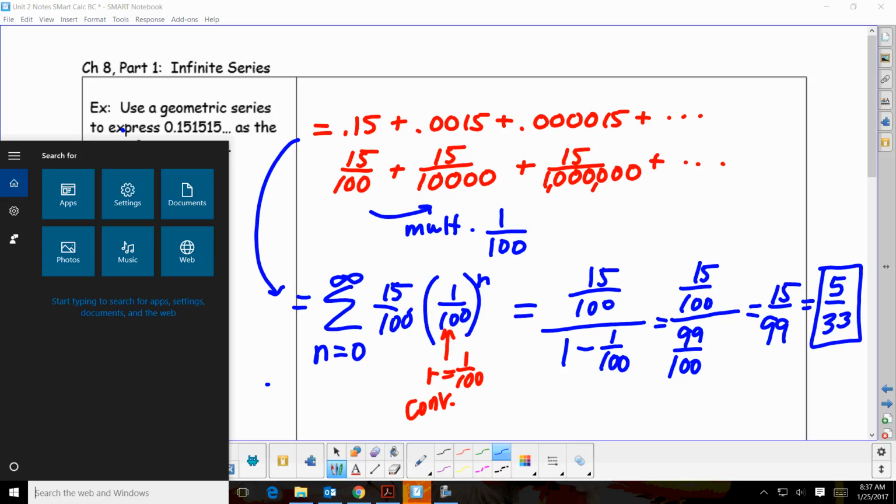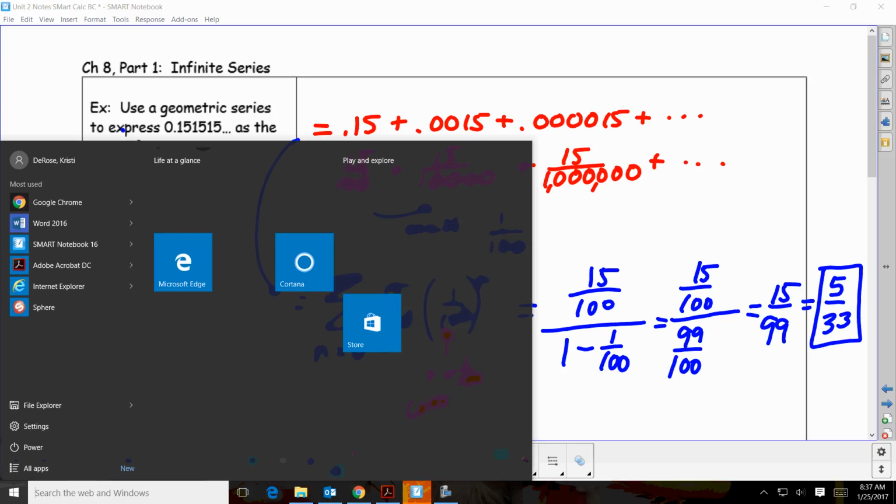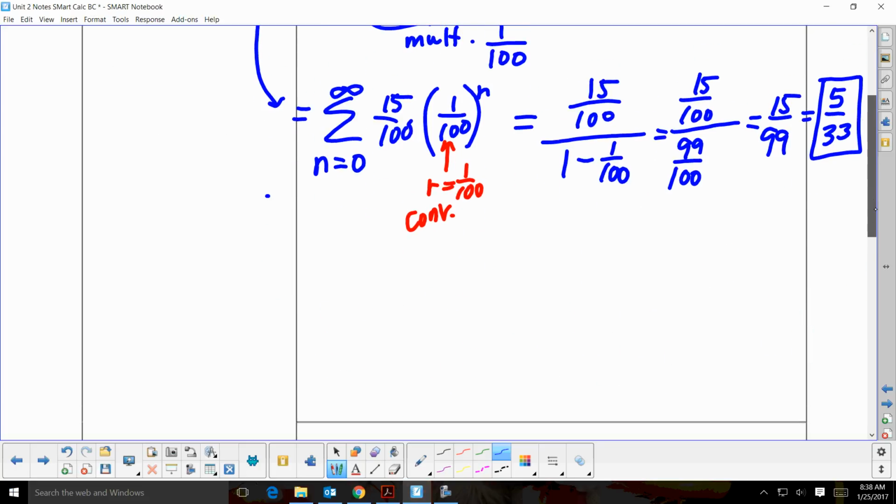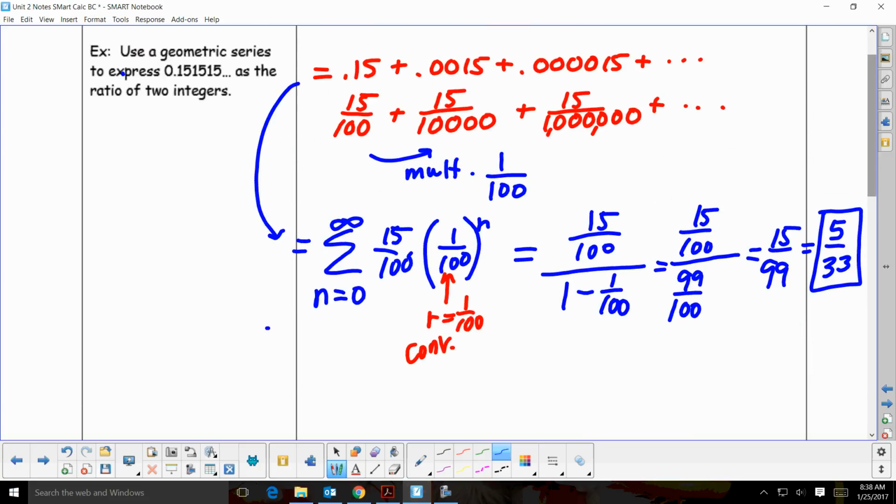Yes, you're going to get it. Okay. You're getting the trick. So you can find the fraction for any rational number. That's pretty cool.